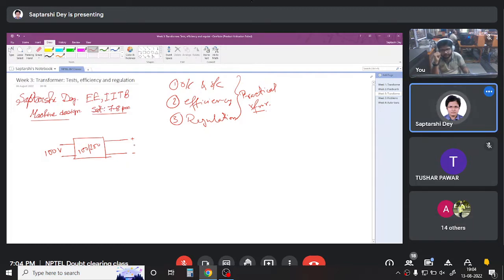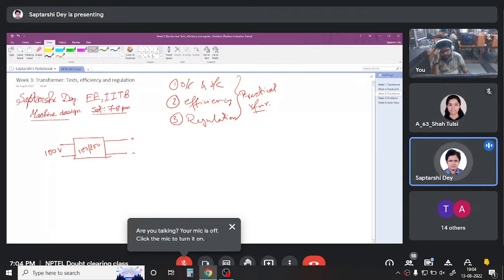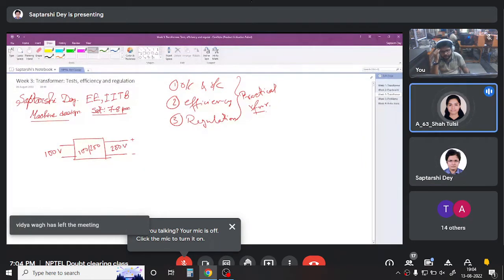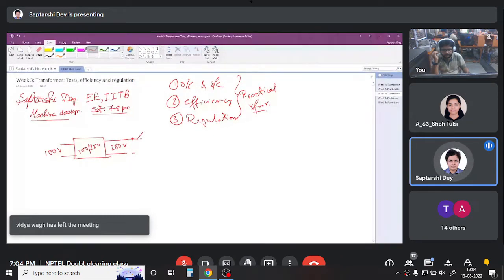Please unmute and speak if possible. Sir, it will be 250. This transformer is rated for 100 by 200 volt. Okay, so it will be 200, sir. 200 volt, yes. Open circuit, so when no load was connected.